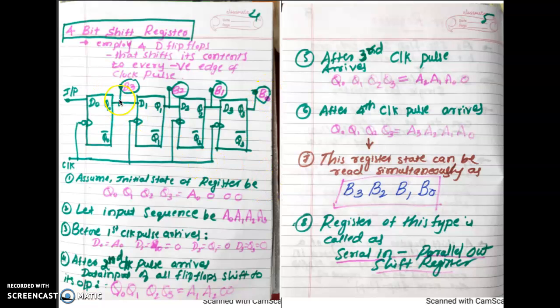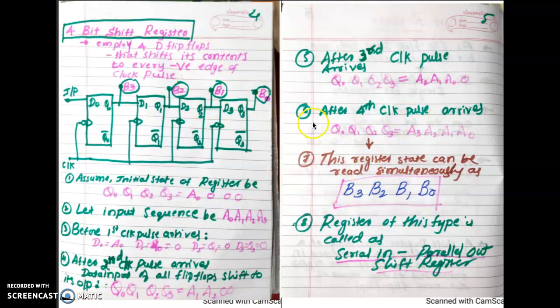Q0 is connected to B0, Q1 is connected to B1, and so on, so B0, B1, B2, B3 are connected to the outputs of the 4 flip-flops. Reading from left to right, B3, B2, B1, B0 are the states of the register, and we read these in parallel after the fourth clock pulse.